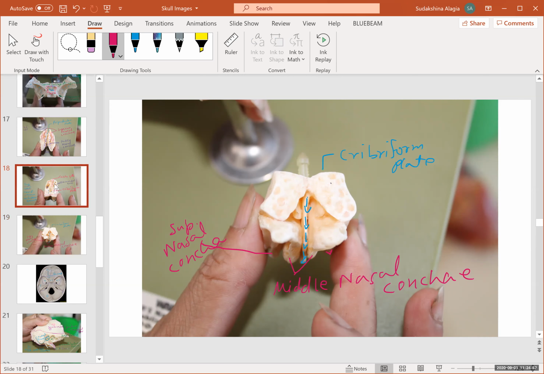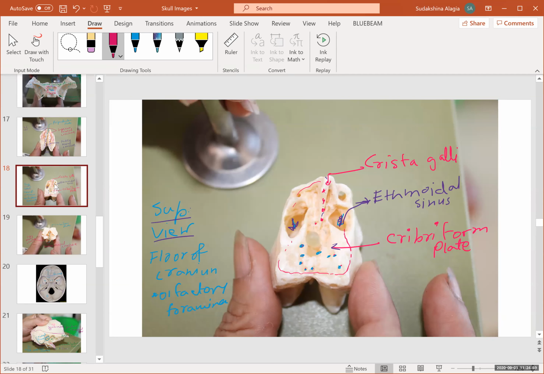And on the superior view, you can see the cribriform plate, crista galli, ethmoidal sinus. You can even see the beginning of the perpendicular plate. So if you look at the image from all different sides, you can identify the structures.